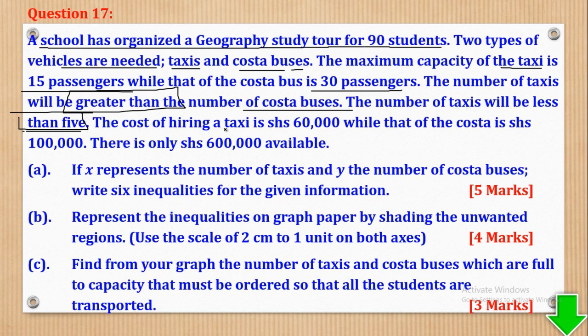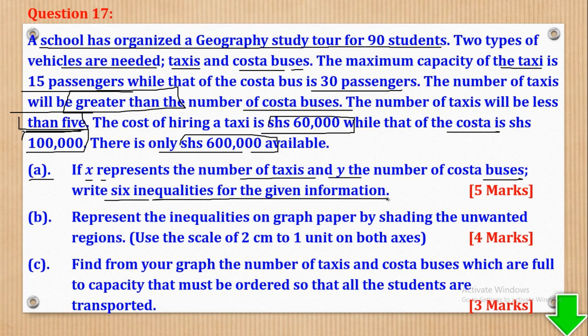The cost of hiring a taxi is shillings 60,000, while that of a coaster is shillings 100,000. But there is only shillings 600,000 available. Note that word, only shillings 600,000 available. Then part A, if X represents the number of taxis and Y the number of coaster buses, write 6 inequalities for the given information.